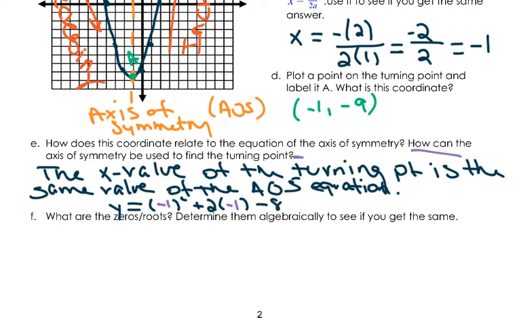I actually would get -9. And if I notice, then this coordinate will actually end up being -1, -9. So I could actually use the axis of symmetry equation, plug it into the quadratic equation, and actually find the turning point.